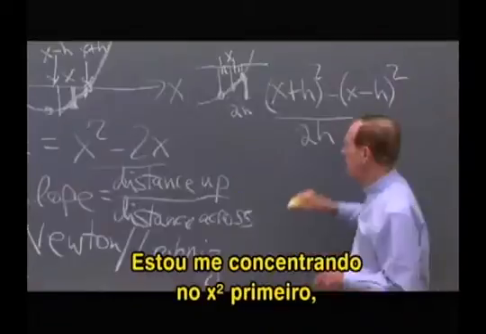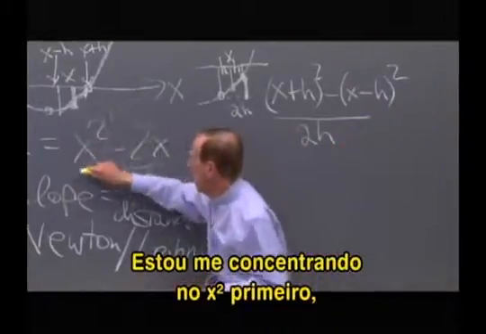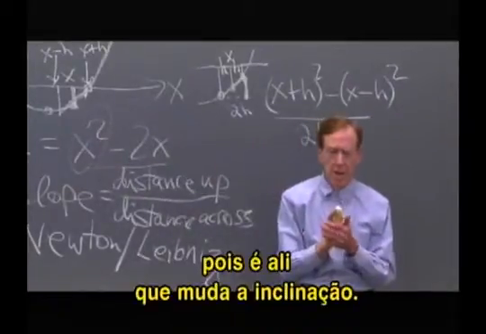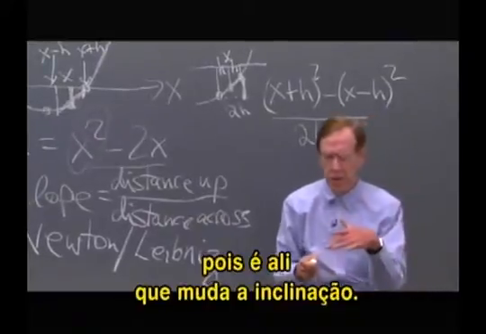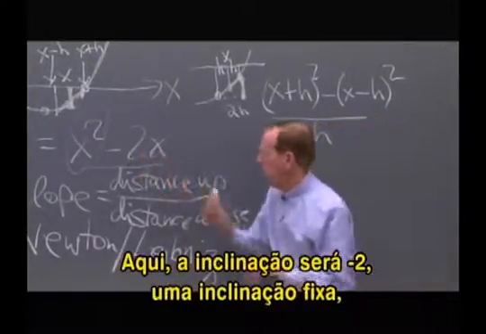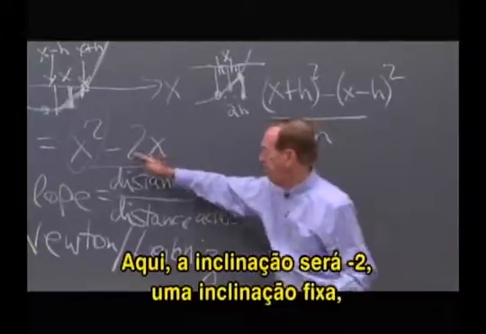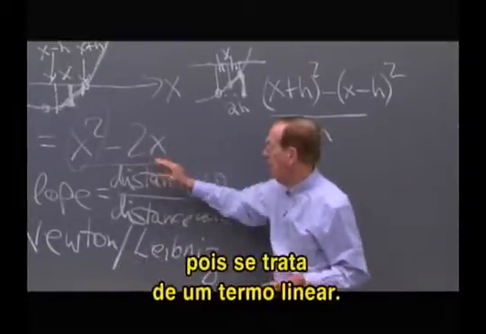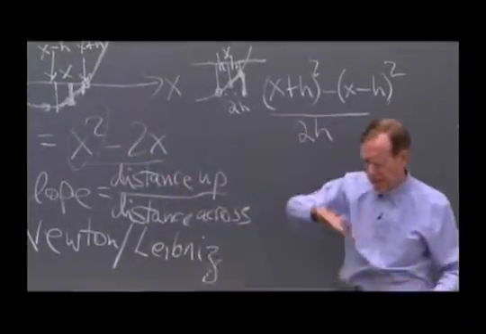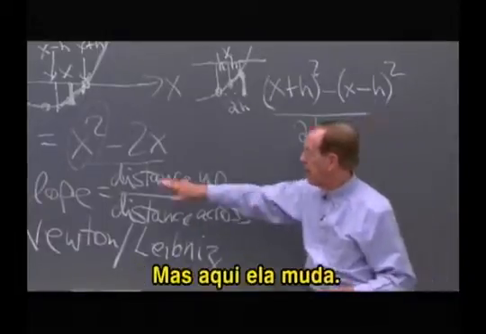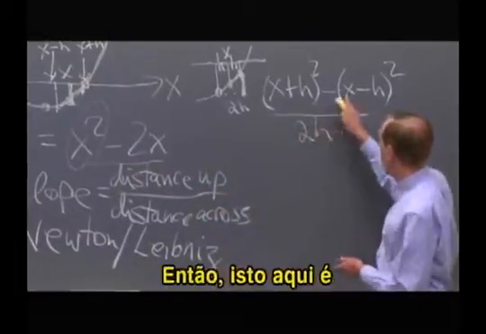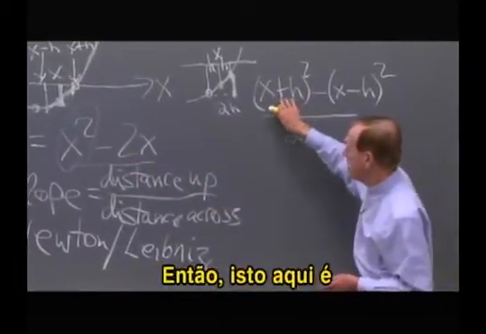I'm just focusing on the x squared first, because that's the part where the slope is changing. The slope here will, as we'll see, just be a fixed number minus 2, because that's a linear term. That's not changing, but the slope here is changing.